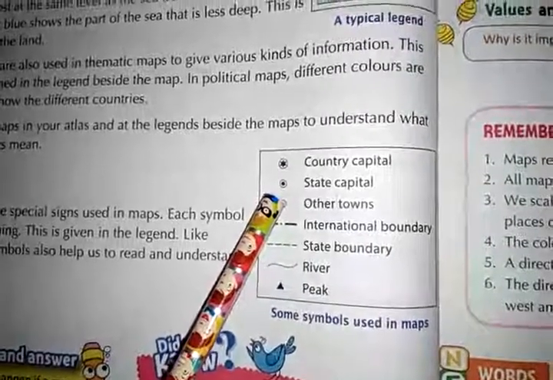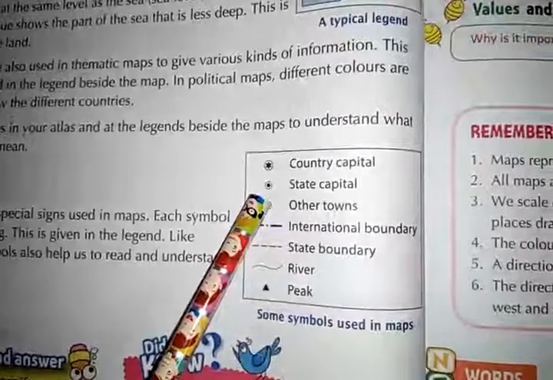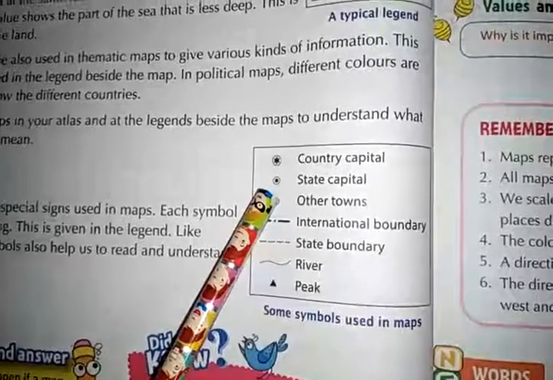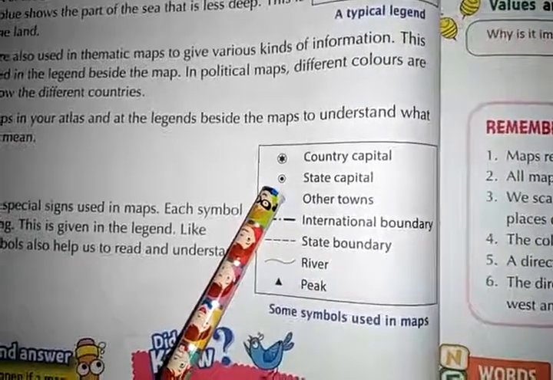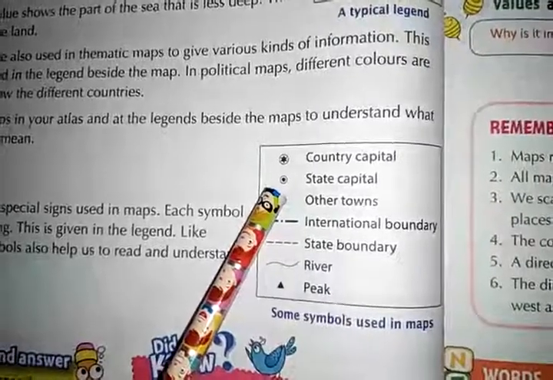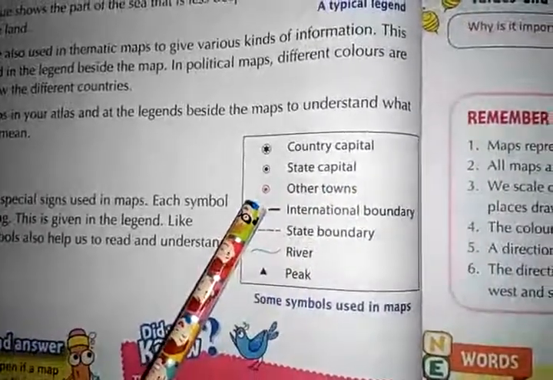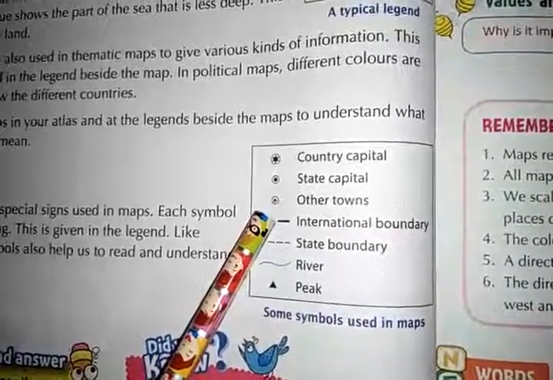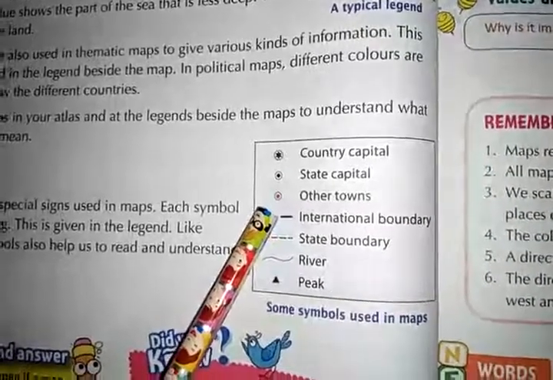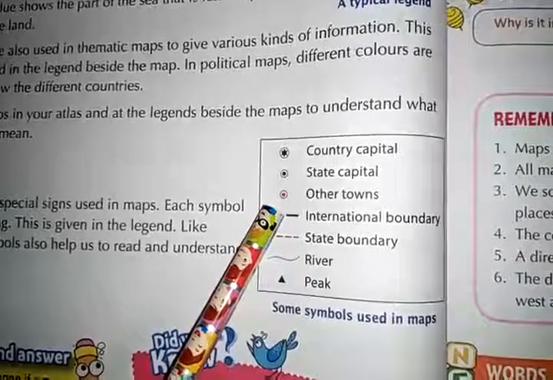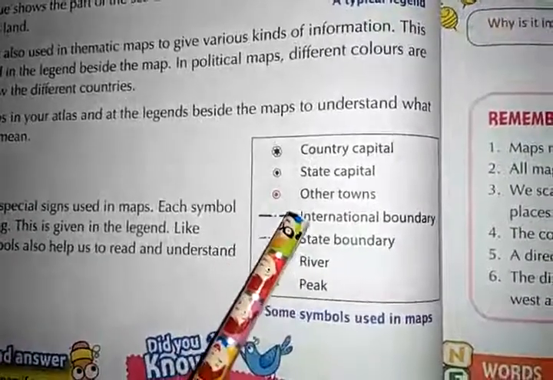Next, a dot inside the circle shows state capital. Third one, a red dot inside the circle shows other towns.